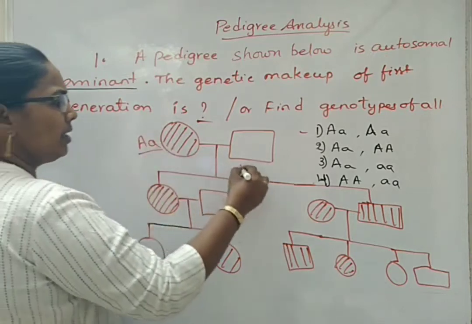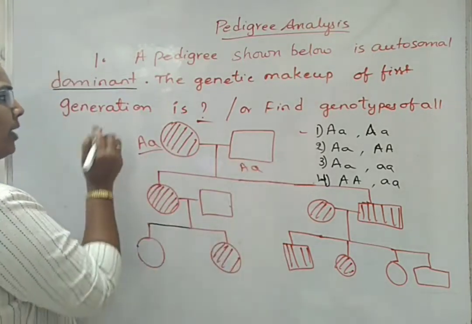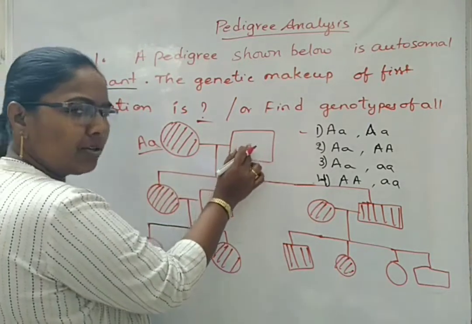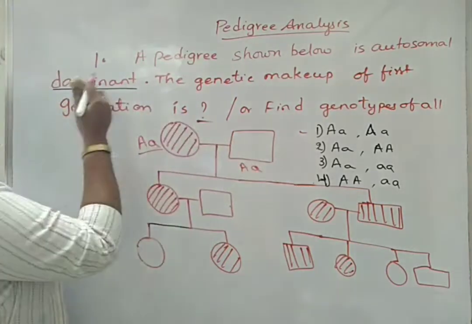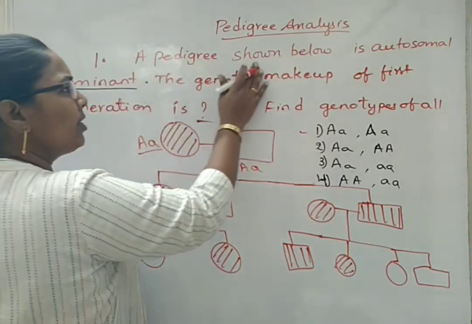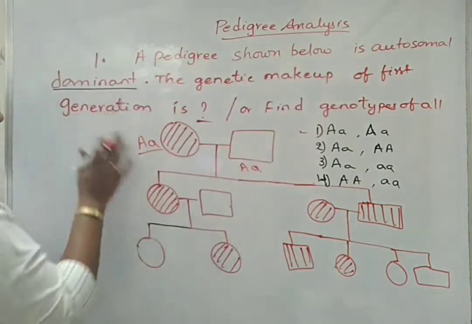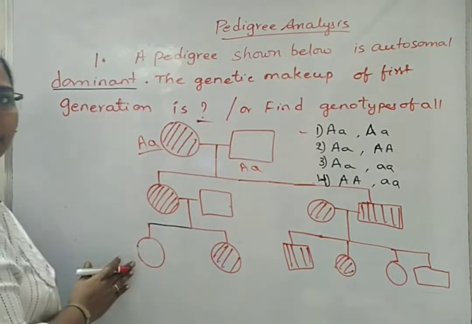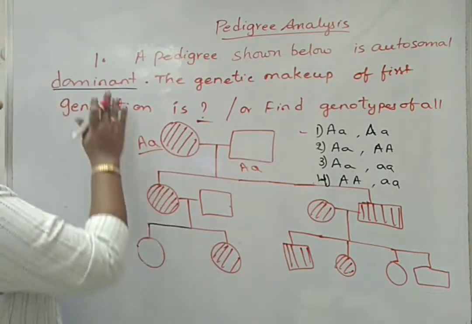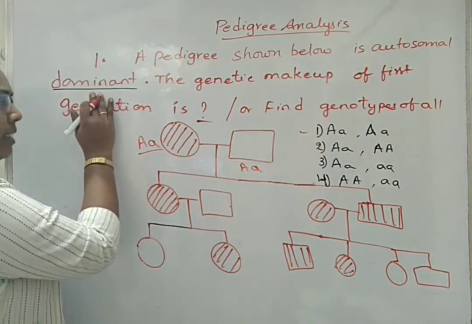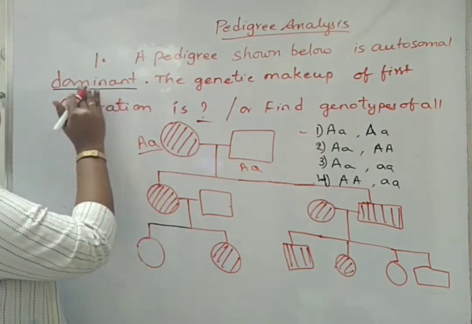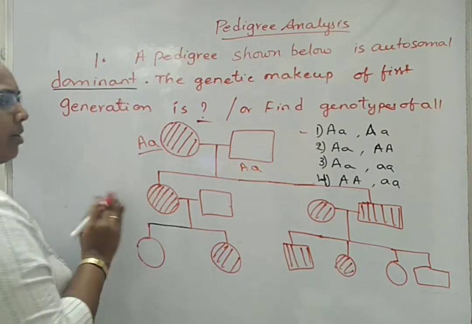Here the given is, if it is dominant, then the male also should express the disease, because clearly it is given that the pedigree shown below is autosomal dominant. Though it is showing the disease in every generation, it also means that the disease is expressed because of a dominant allele in the organism.